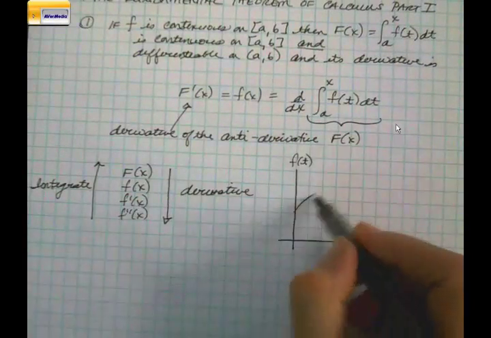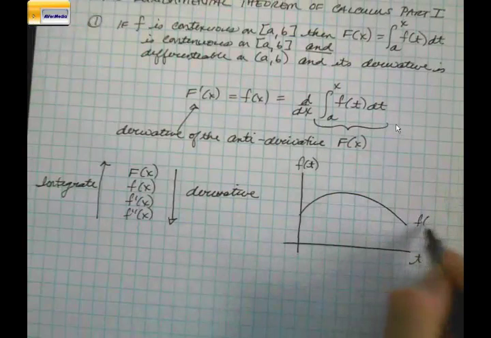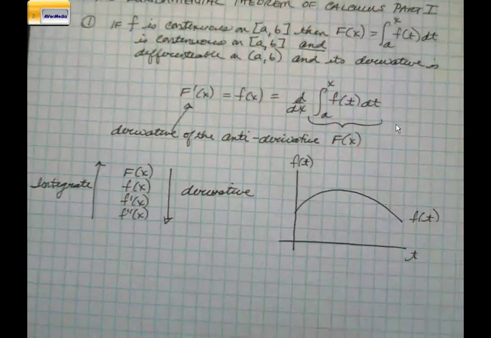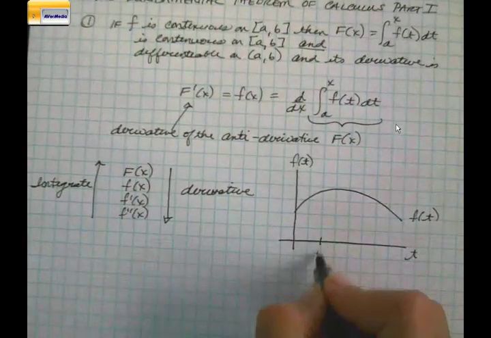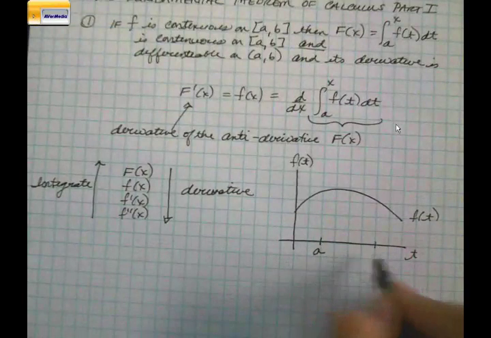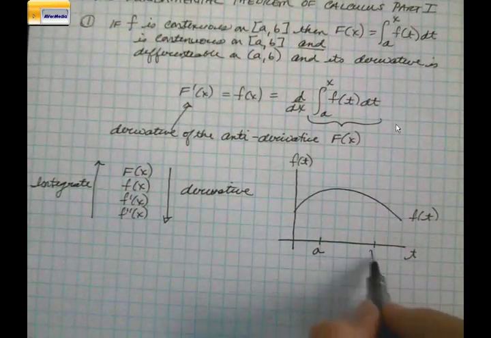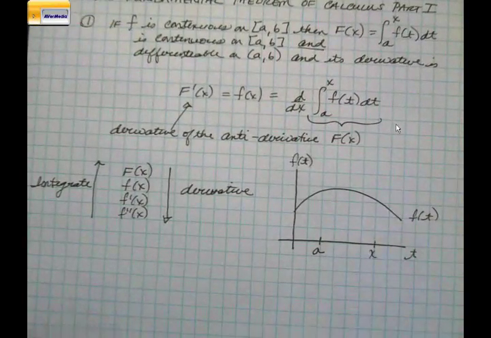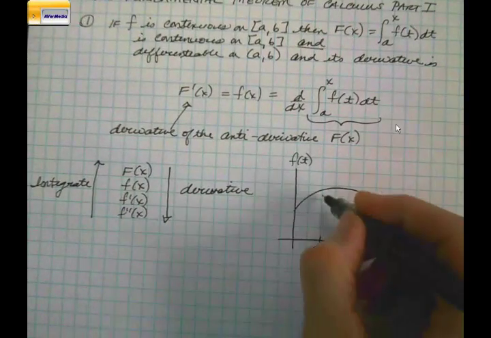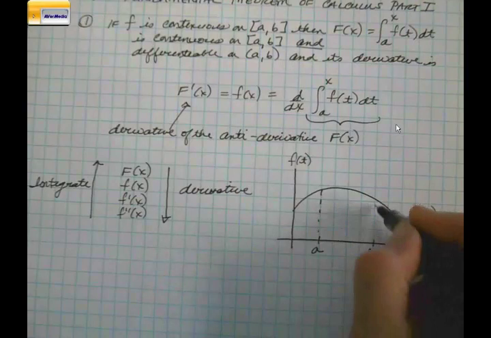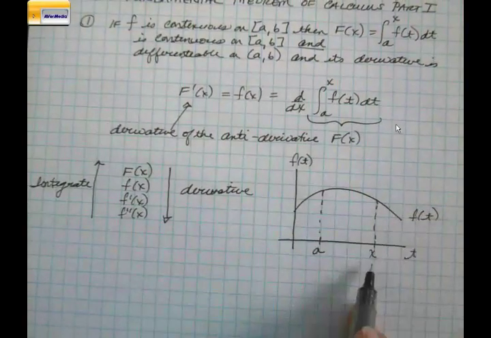So if you have some graph here of f of t, then you're finding the area under the curve between a and some other number, which we're going to call x, so that your F of x is in the variable x. And so when you do this, you're finding the area under the curve between a and x, which is throwing you back into the x variable.